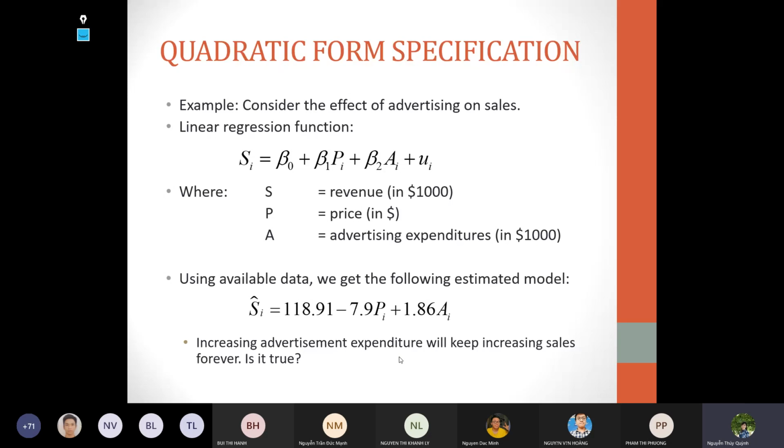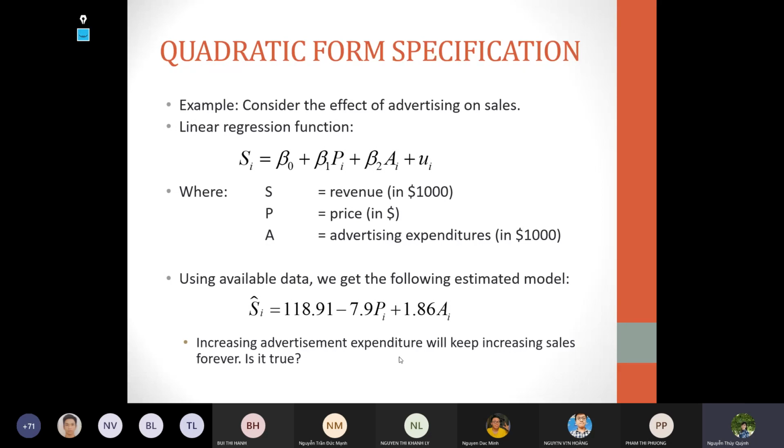For example, we use a linear regression function like this: the linear relationship between advertising expenditures and sale, where S, the revenue on a product, is equal to beta 0 plus beta 1 times P, which is the price of that good, plus beta 2 times A, which is the advertising expenditures for that product, plus u_i.